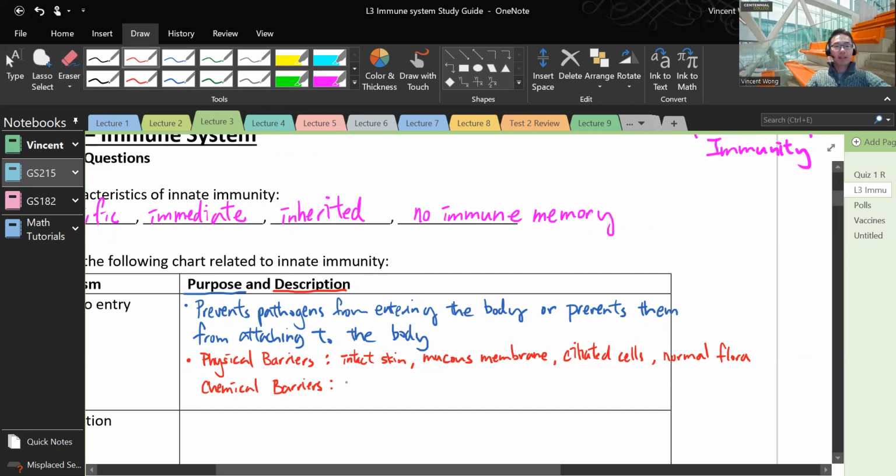And in terms of chemical barriers, we have lysozyme, which is a type of enzyme that kills bacteria. Lysozymes in tears, sweat, right, perspiration, and saliva. Okay. We also have hydrochloric acid, for example, in stomach.